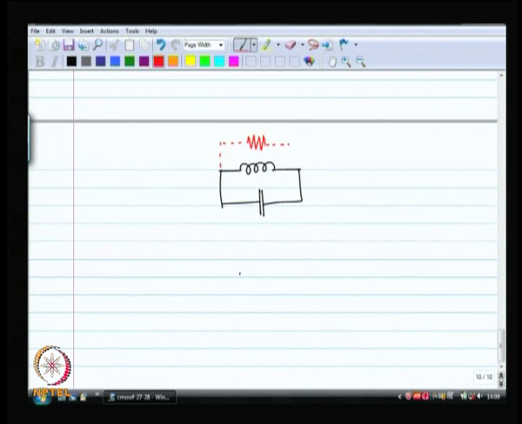So, this resistor that I have drawn is unintentional, that is why I have put the dashed line over there. It just so happens that it is there. Now, what do we do? Our plan is to put a minus R in shunt with the whole thing, right, and hopefully this is going to work.